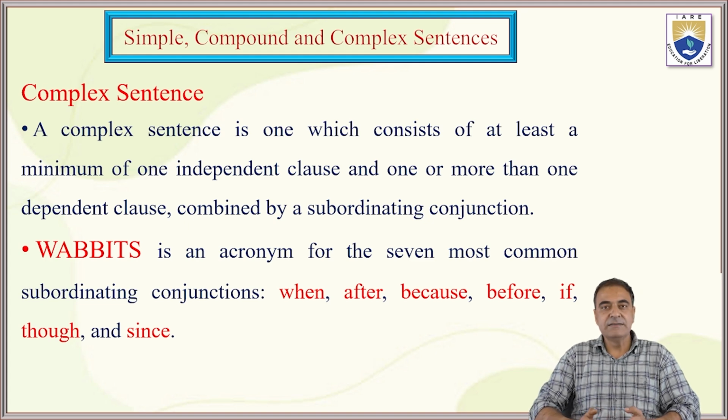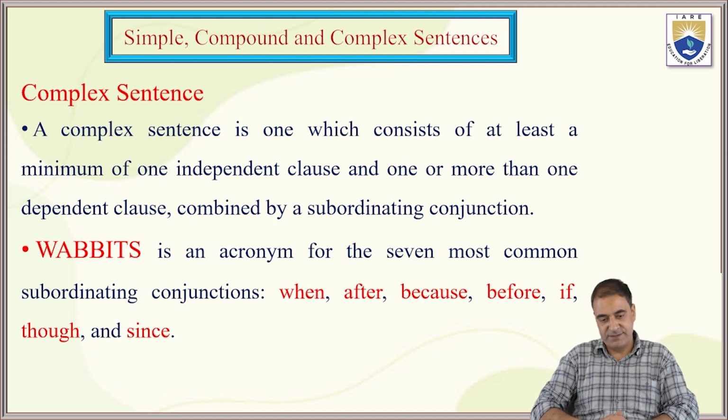In a complex sentence, it's important to have one main clause. Yes, there can be one or more than one dependent clause or subordinate clause. And here we combine these dependent clauses or subordinate clauses with subordinating conjunctions like WABBITS.